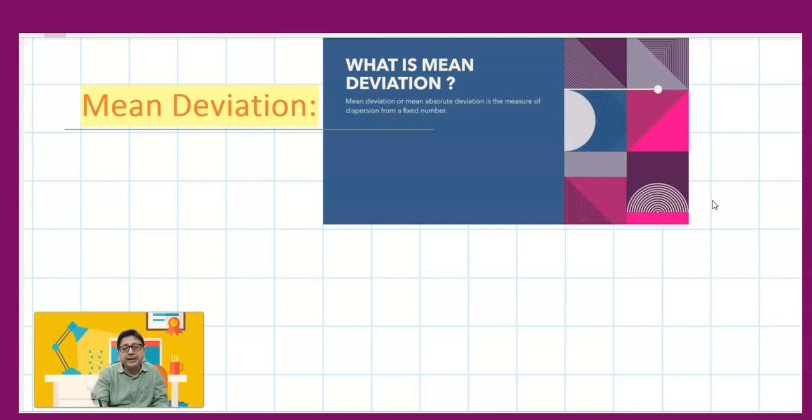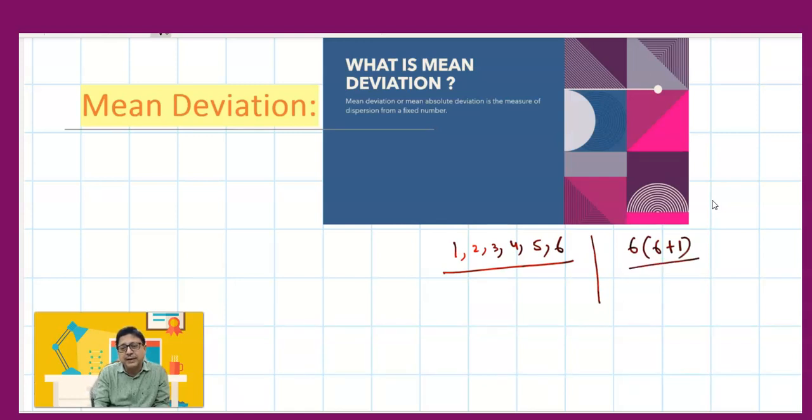Suppose a set of data is given in this manner; just take the example of the first 6 natural numbers: 1, 2, 3, 4, 5, 6. What is the mean of these 6 natural numbers? 6 into 6 plus 1, divided by 2 into 6. So this is going to be 3.5.